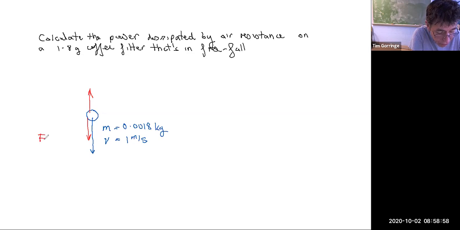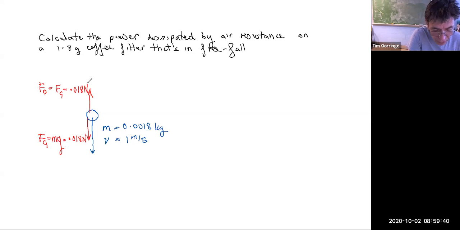And the gravitational force, which is mass times acceleration of gravity, is going to be 0.018 newtons. And the drag force, I'm going to call it F subscript D for drag, that's equal in size to the gravitational force because we're in free fall. And so that is also 0.018 newtons. So that's a picture of the situation.